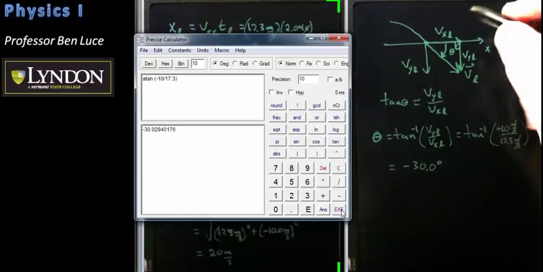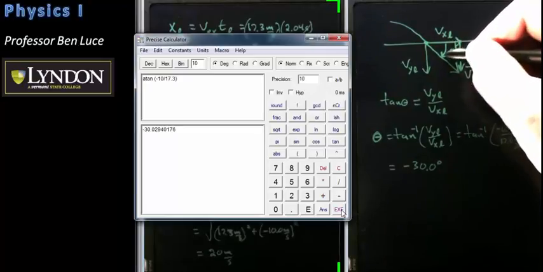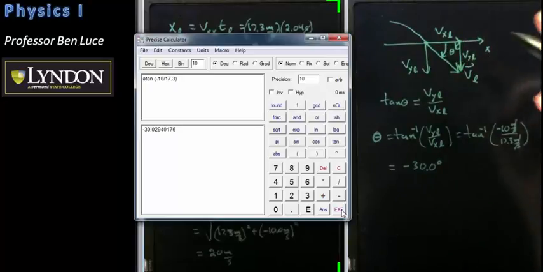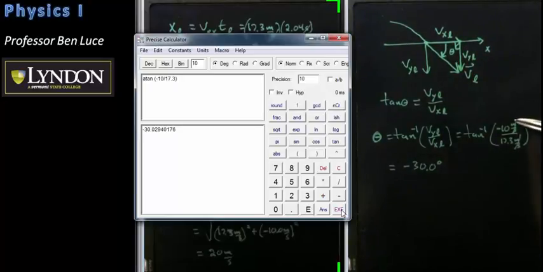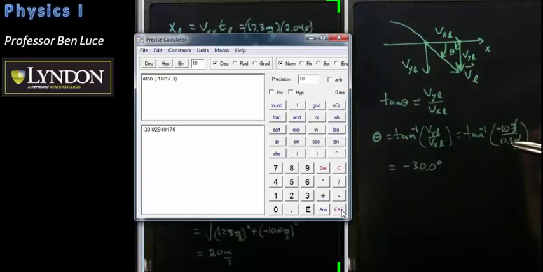Okay, and this makes sense because we can interpret this as being minus 30 from the x-axis, that is, taking the angle in a clockwise fashion. And that's what calculators generally do. Calculators can't really tell whether the minus sign was associated with the upper number, the y component, or the x component, despite the fact that we know that.